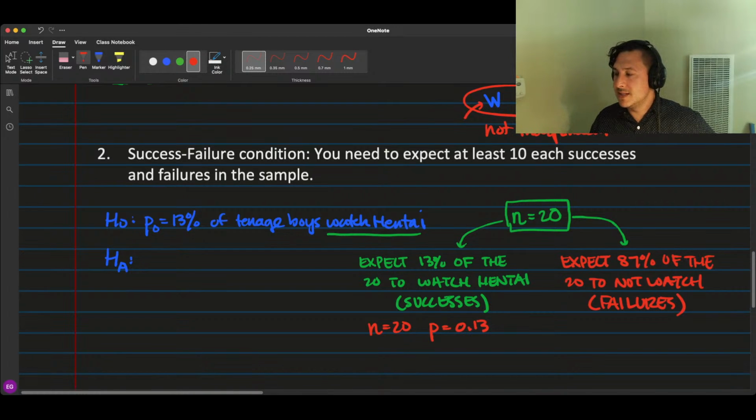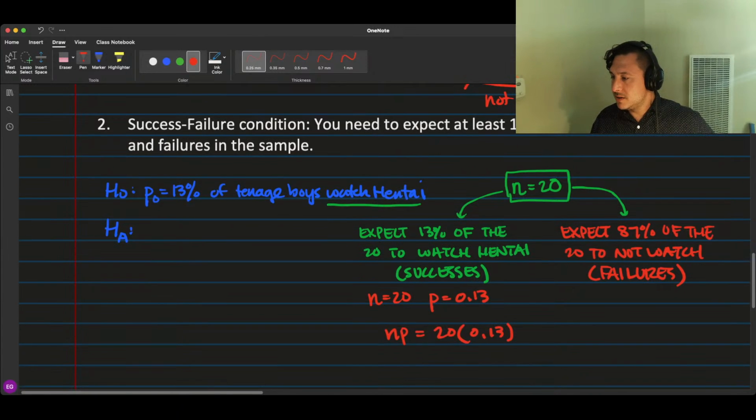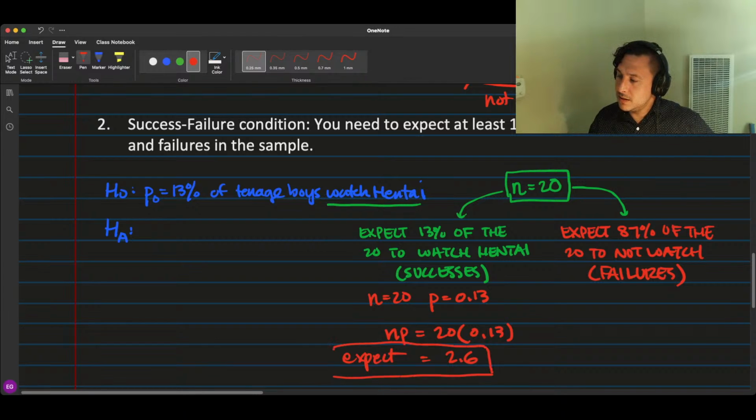So the number of successes that you expect is n times p, which is 20 times 0.13. That's 2.6. You expect 2.6 of those 20 guys to watch hentai.